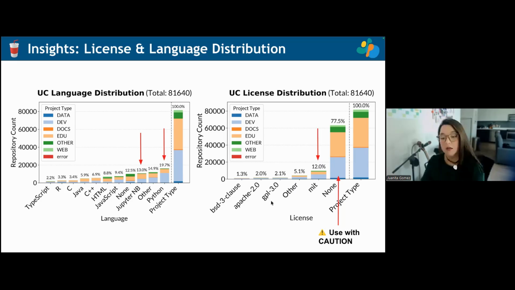In terms of license, MIT is the most popular one, followed by GPL and Apache. But there are actually a lot of projects that don't have a license. It's not quite 77.5%. I say use this number with caution because I'm relying on GitHub's API, which means that if GitHub doesn't identify your project's license, because you wrote it wrong or because it's not in the right place, then it's classified as none, but that doesn't mean your project doesn't have a license.